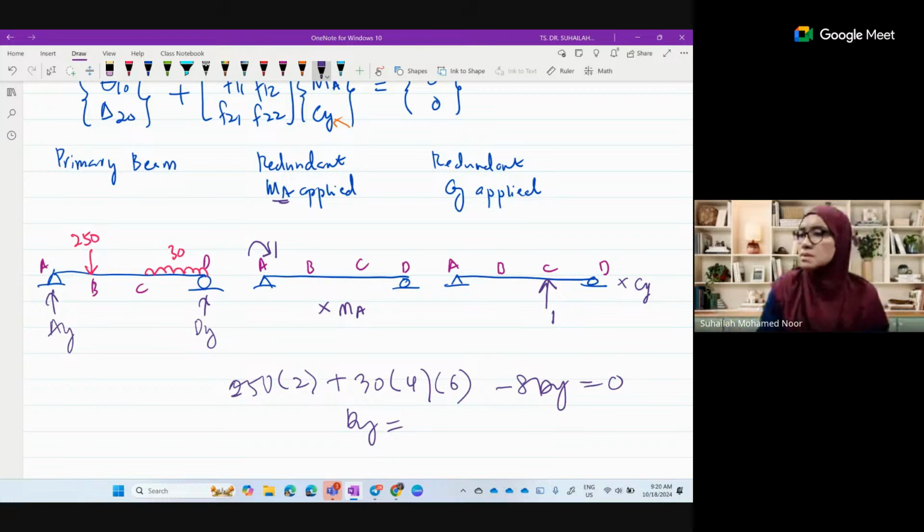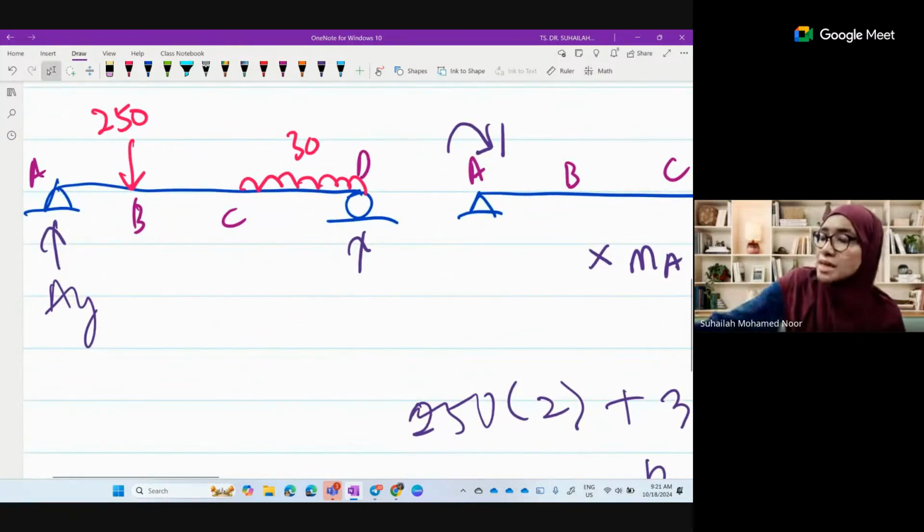Cuba kira berapa nilai DY. 500 tambah 3 kali 4, 120 kali 6. Berapa tu? Lepas tu bahagi dengan 8. Berapa? 92.5. So dekat sini saya letak terus 92.5 ya.